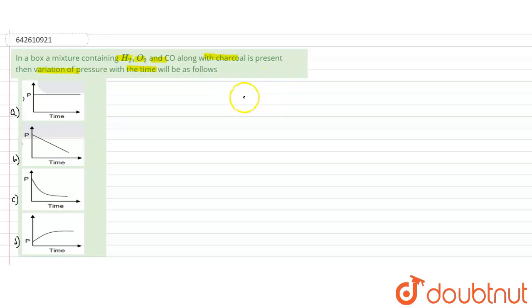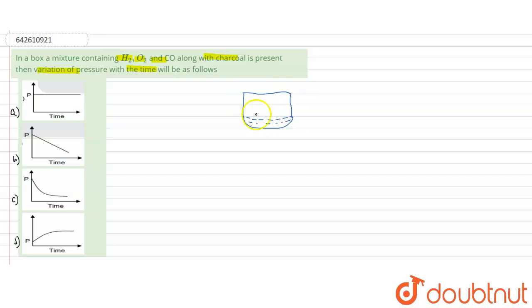So we have a mixture. Let's say this is charcoal in the mixture, and this is our box.